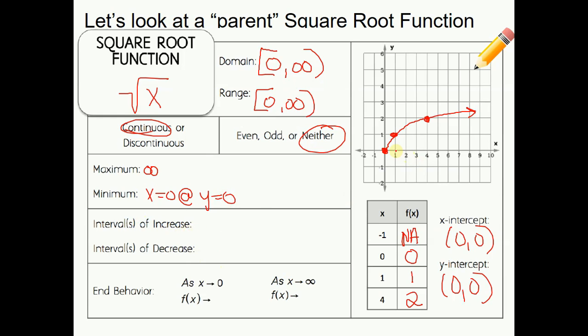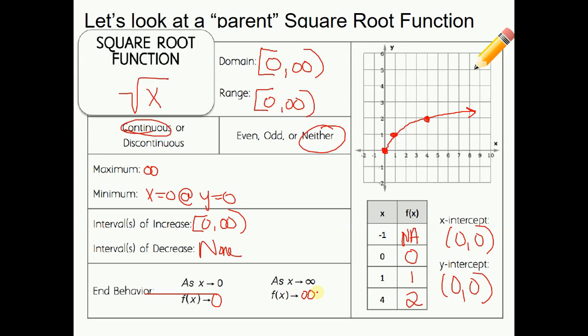Intervals of increasing, from left to right, it looks like I'm only increasing. So from 0 to infinity, and none for my decrease. As x goes to 0, as I get closer to 0, f of x is getting closer to, well, if I get closer to 0 on both sides, that means I'm going to 0, right? Now, as x goes to infinity, I'm also going to go to infinity.